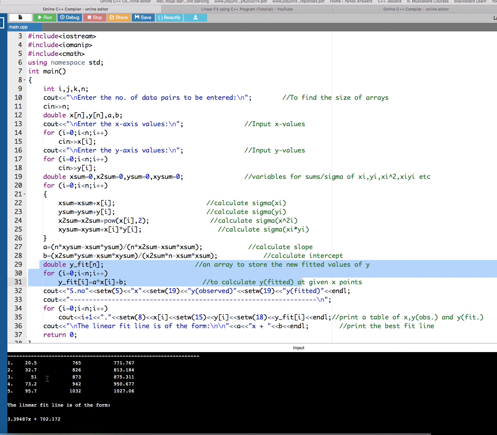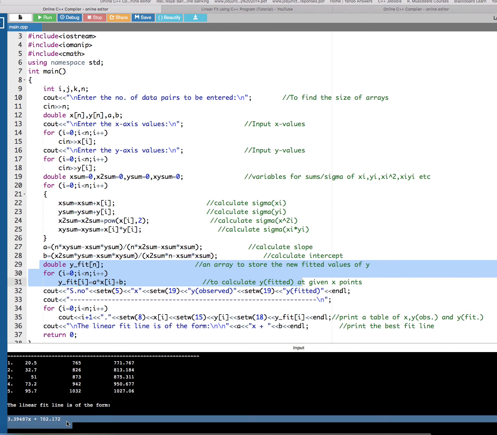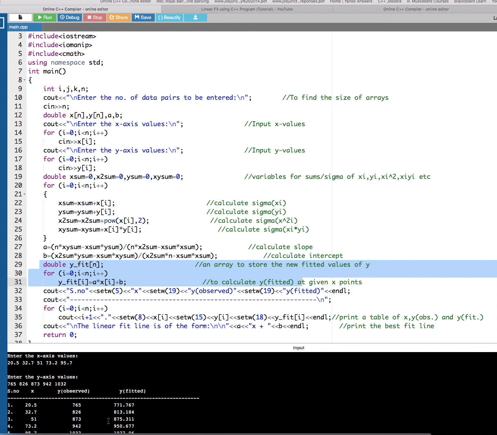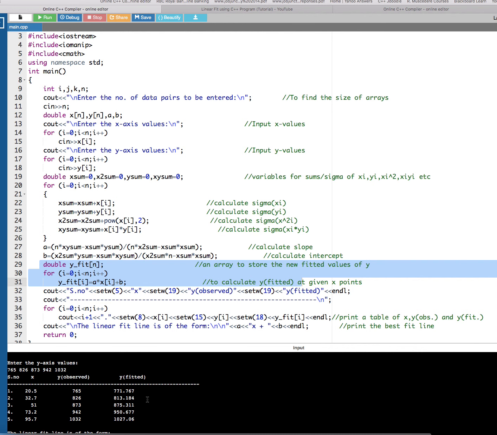This is replugging the x values. This is our entered x value, entered y value, and we have the equation that best fit for this one. And after we found out this one, this is plugging this x values in this equation and finding the best fit y values, right? And that's what it's doing right here.